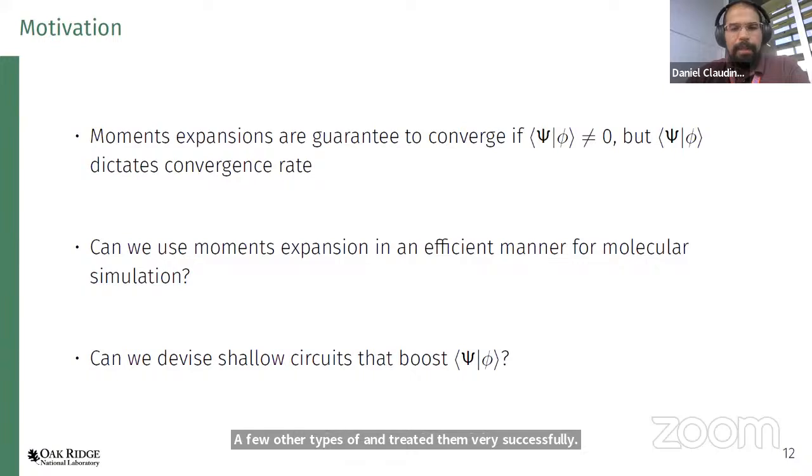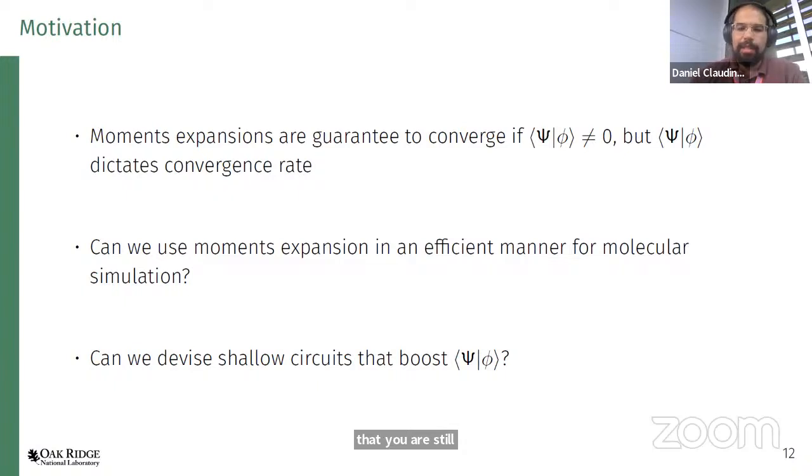And at the same time, can we go beyond this mean field approximation, but still comply with the demands of the hardware, such that you're still within what we call shallow circuits, and we see a significant increase in the overlap of the state that we're preparing with the ground state?